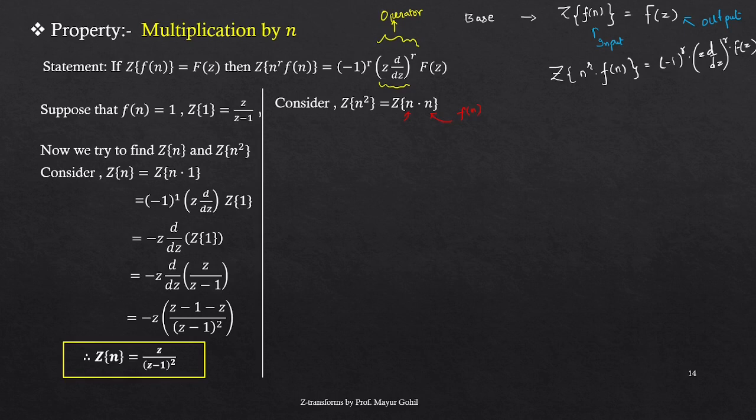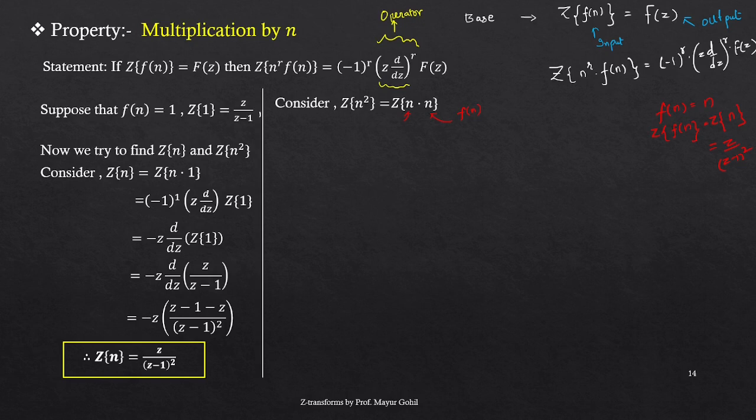So we know over here the z transform of f of n. We are now treating f of n as n. So the z transform of f of n, meaning the z transform of n, is known to us, which is z over z minus 1 the whole square.